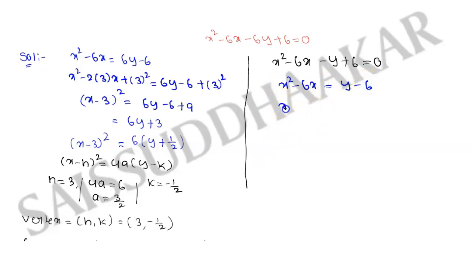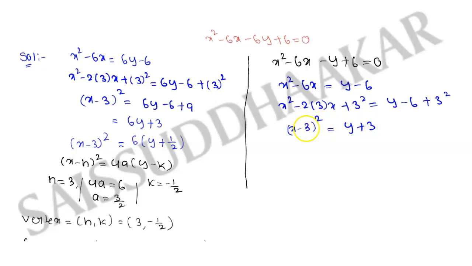Same thing here, x square minus 2 into 3 into x plus 3 square, adding on both sides y minus 6 plus 3 square. So this can be written as x minus 3 whole square, because the a minus b whole square formula is appearing, is equal to y minus 6 plus 9, which is y plus 3.